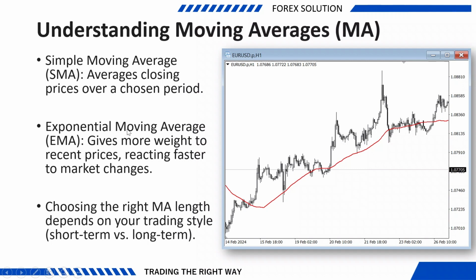Okay, we have the exponential moving average. This one gives more weight to recent price, and the market reacts faster with this. You might not really understand that, but the simple one is more or less very smooth.